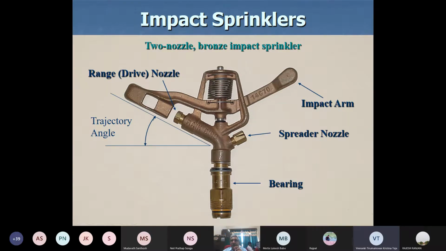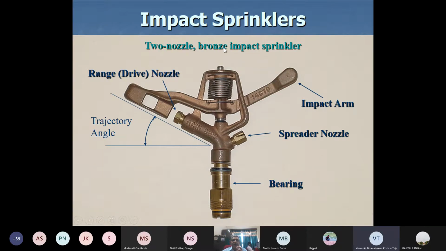So it keeps on, and when it comes to the same position, this revolves, and a torque develops. The water coming out of this develops the torque, and that torque continuously deflects the spring loaded arm. This causes the sprinkler nozzle to revolve on its own axis.